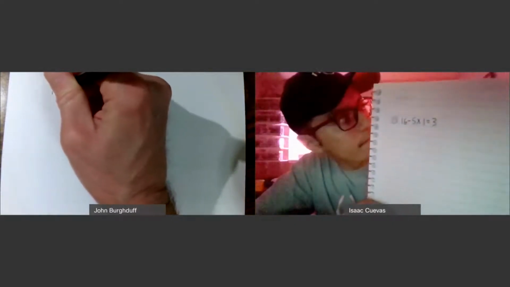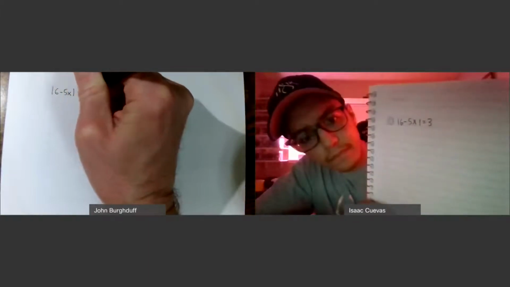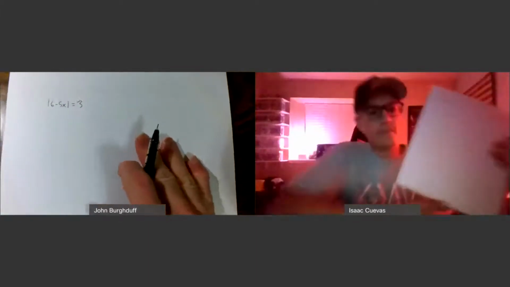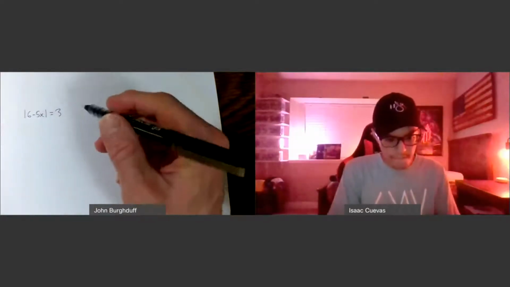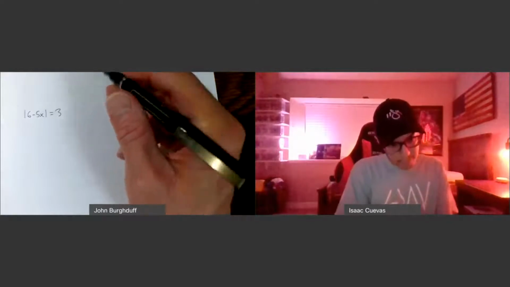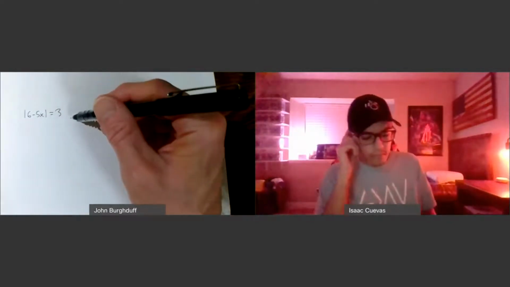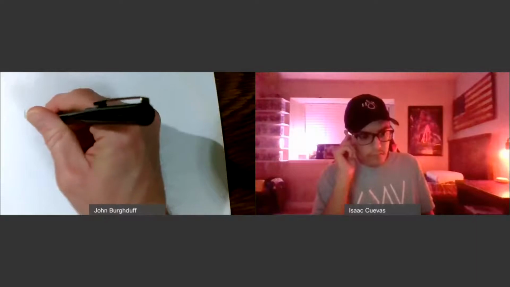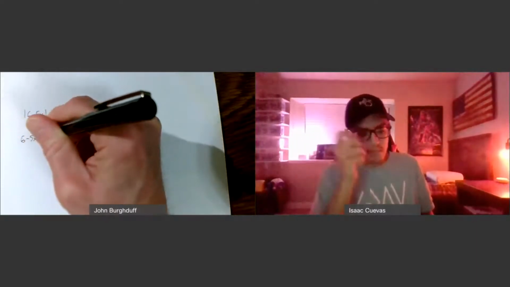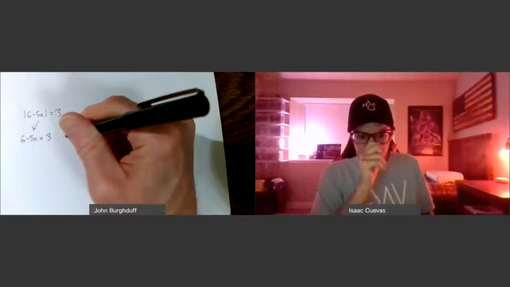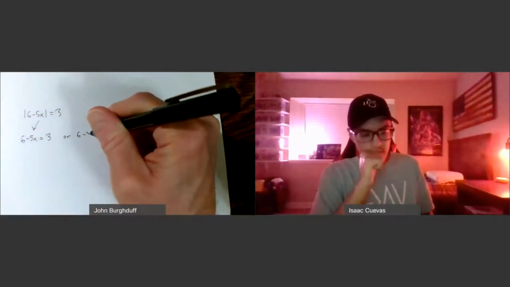6 minus 5x equals 3. Okay, so actually this is going to be easier. We've looked at absolute value less than, we've looked at absolute value greater than, now we're going to look at absolute value equal. And this is actually going to be really simple because all you have to do here is say, this will be true if that's equal to 3 or if it's equal to -3.